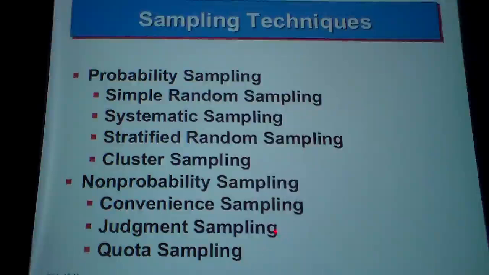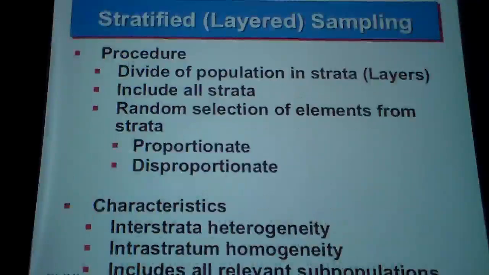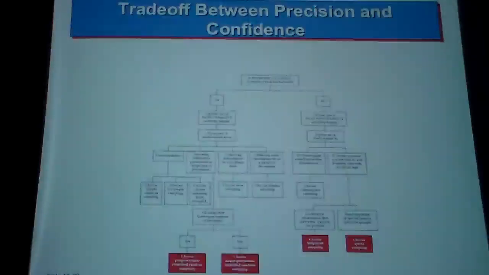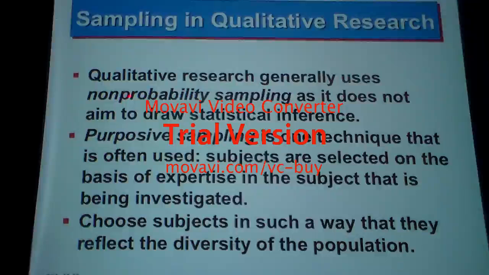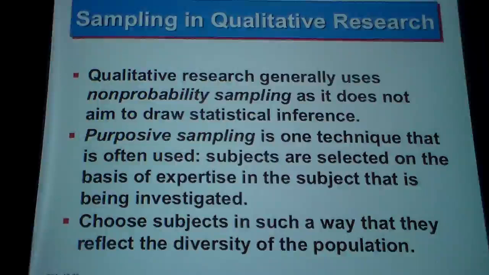All these three will be used for qualitative research. Qualitative research generally uses non-probability sampling as it does not aim to draw statistical inference, because we are not dealing with accurate numbers. We are not going to conclude something using statistics.